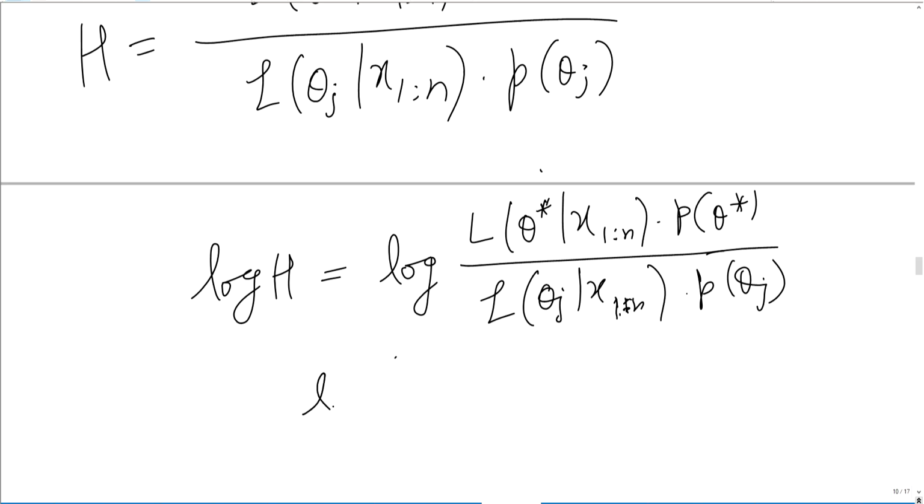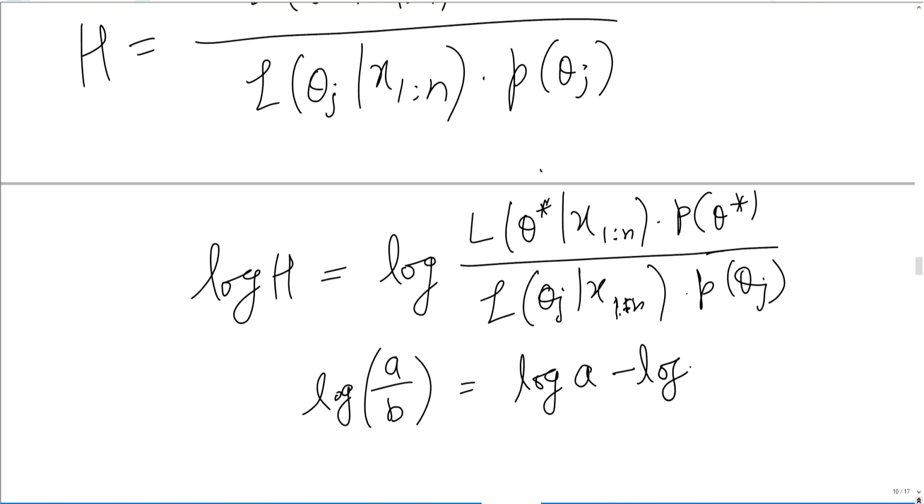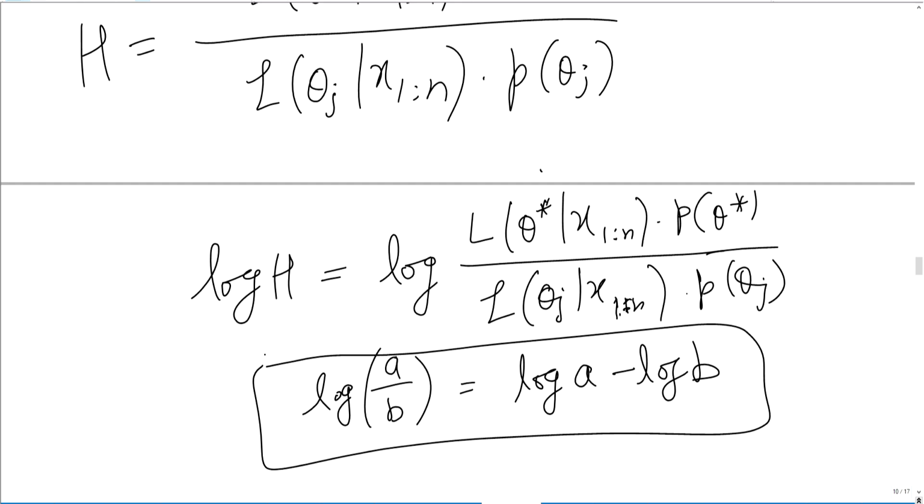Do you remember this identity? If we take log of a divided by b, this is given by log a minus log b, with some constraints, for example, a and b should be greater than 0.